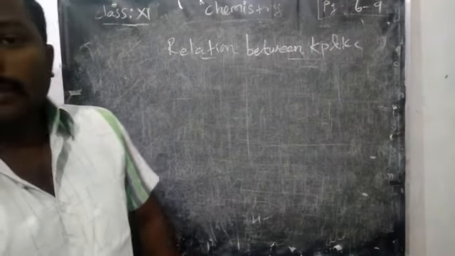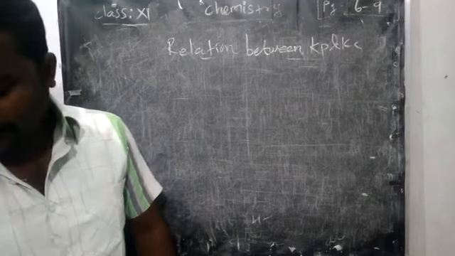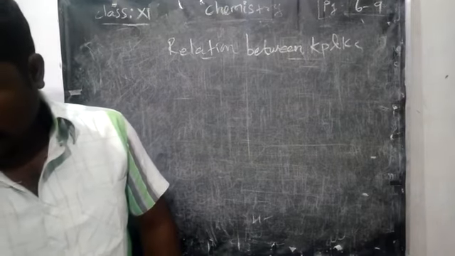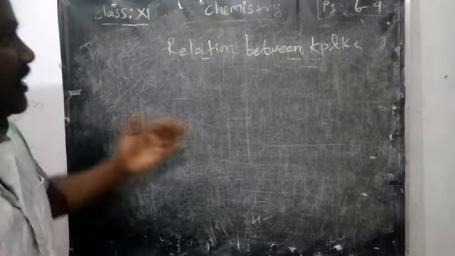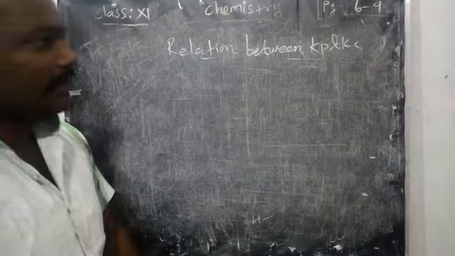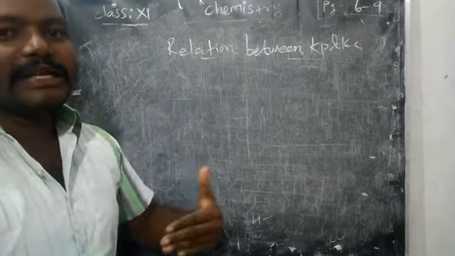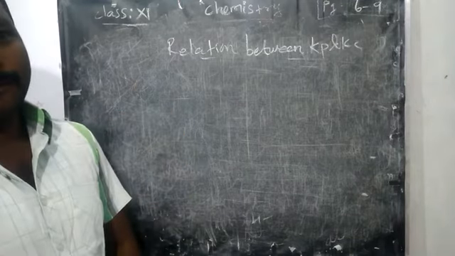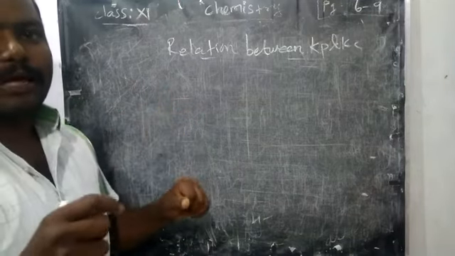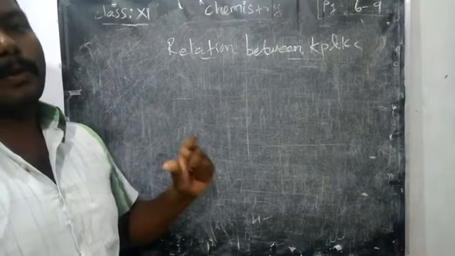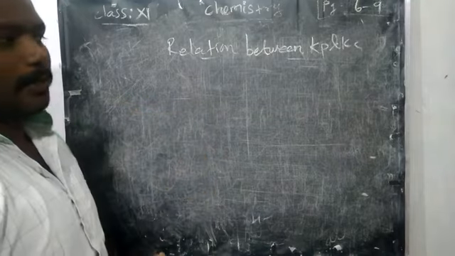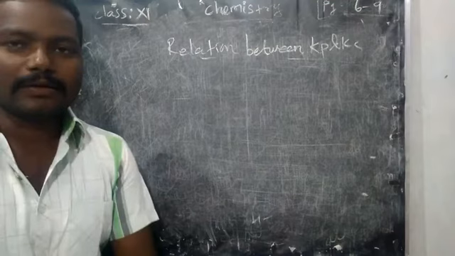We already know the equilibrium constant, right? So the equilibrium constants Kp and Kc, how can we bring them into a single equation? By using both values we need a single equation to solve some problems. For that we need this relation.